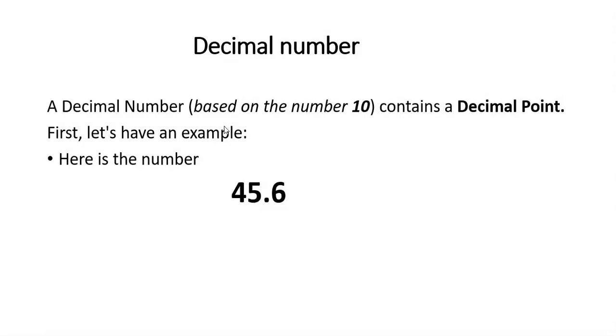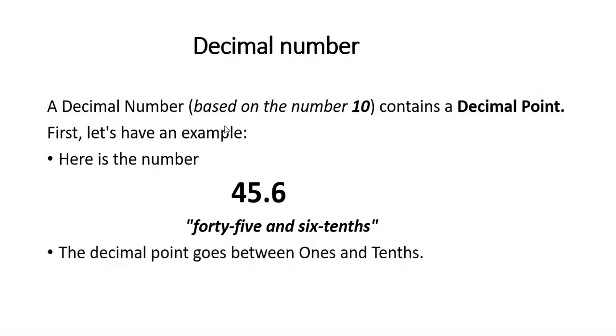Here you have 45.6, 45 and 6 tenths. The decimal point goes between the ones and the tenths. You can see it on the screen: this is the decimal point, this is the ones, and this is the tenths.